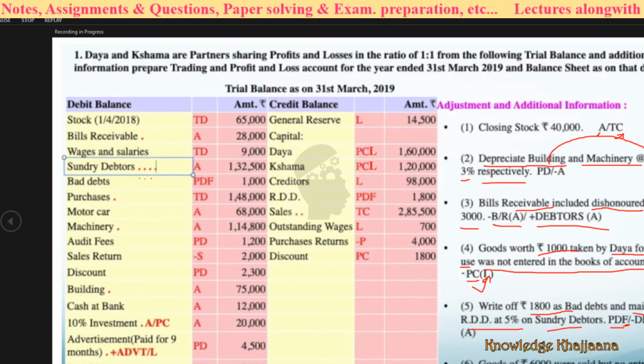See, 6000 amount of debtors are there in the market, but we haven't recorded them. So that much of amount of debtors we have to add. Against sundry debtors we will have 4 adjustments, and its second effect is on the trading account credit side. So again, these 2 effects of sales will come over here.